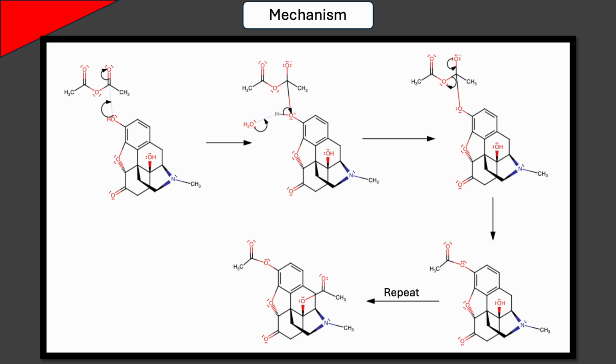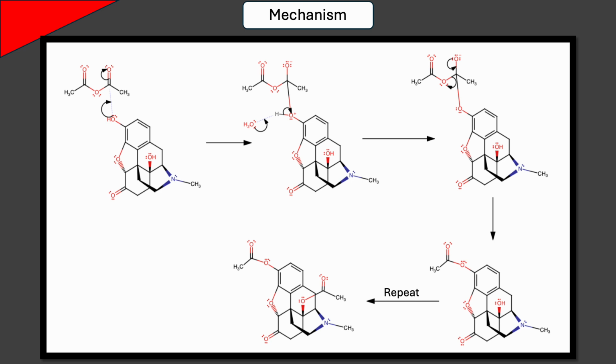This will form an O minus and an O plus, which is terrible because if the O minus collapses, it will kick off our original H and reform the original reactant, which we do not want. And this is where a lone pair on water will deprotonate the O plus, which will form the third structure.